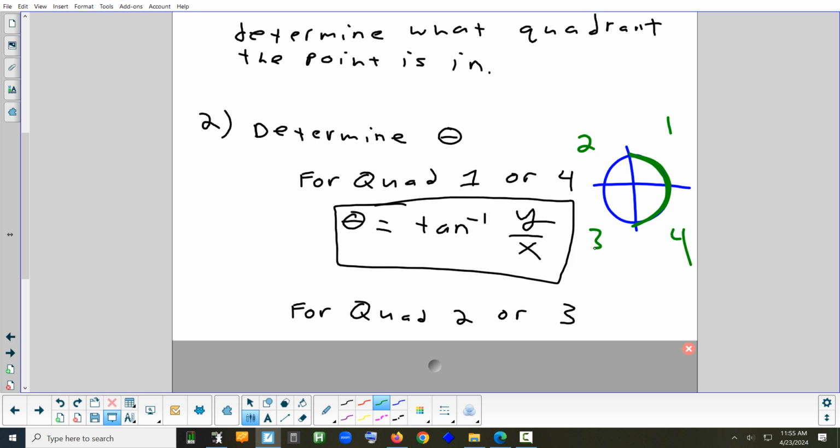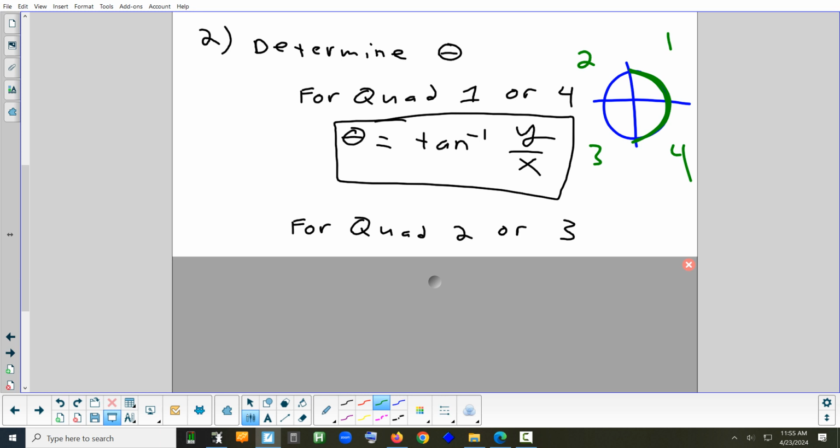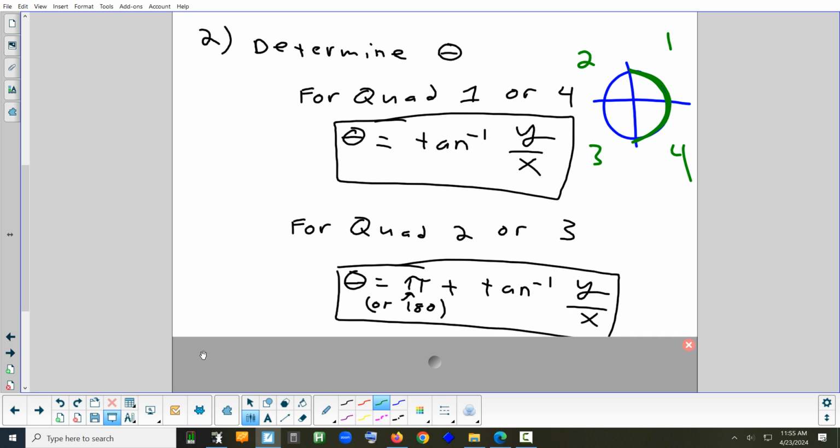So to make it work in quadrants 2 or 3, we have to add 180. So that's why I say in step 1, figure out the quadrant your point is in. And if you're in 1 or 4, it's inverse tangent y over x. If the original point is in 2 or 3, you have to add 180 to that.